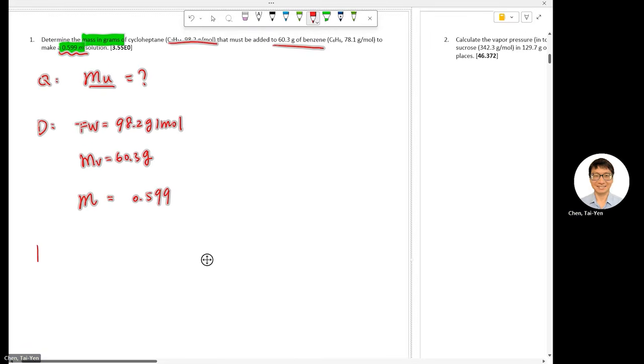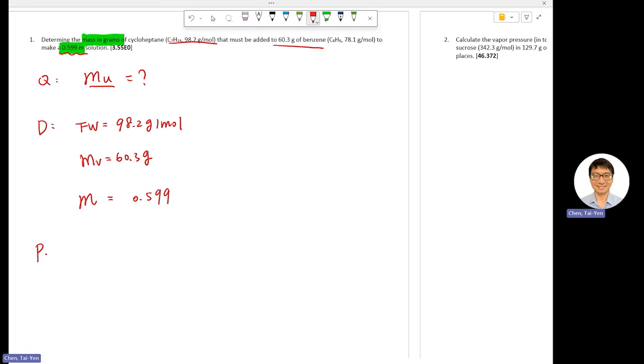So where do you start? You start from the definition of concentration first. Here, the only concentration term provided is molality, right? Molality is defined as moles of your solute divided by the mass of your solvent in kilograms.